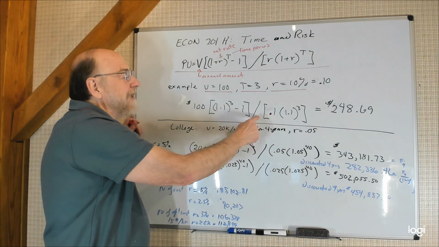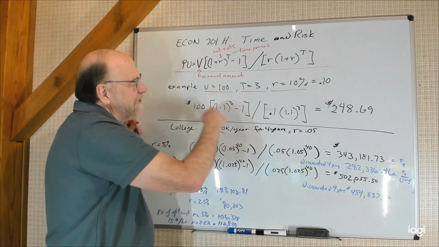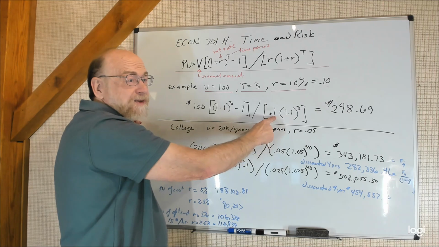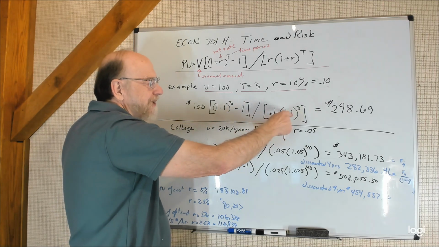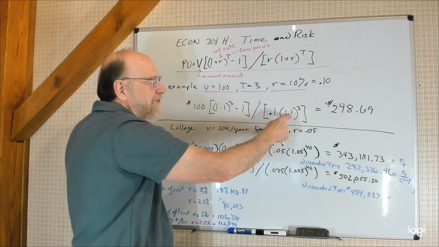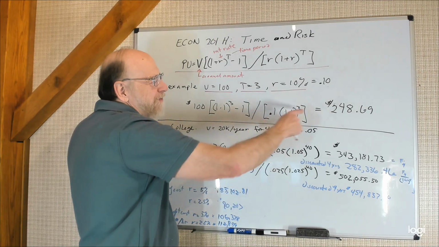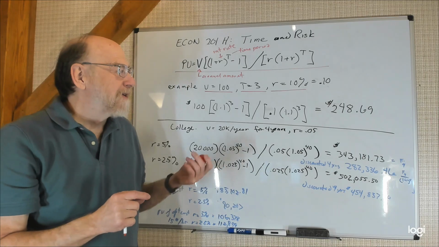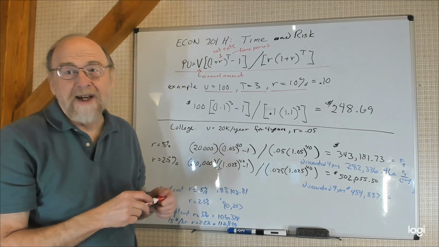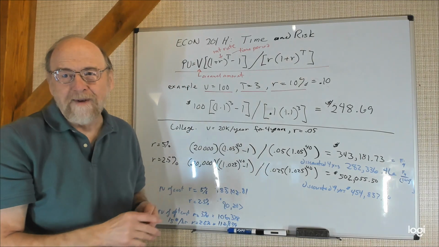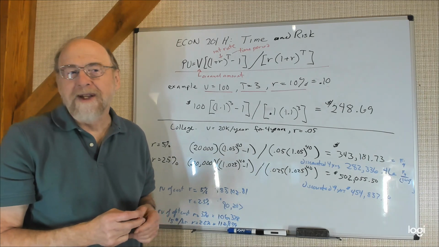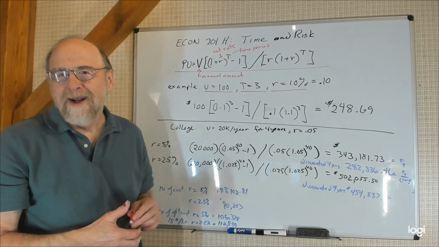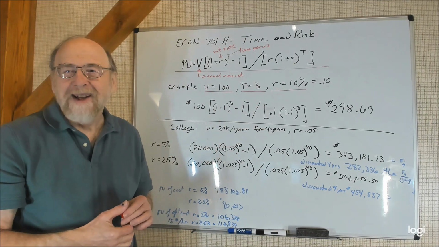And then that term is divided by 0.1, the interest rate, times 1 plus the interest rate raised to the t power, which is 1.1 to the third. And when you punch those numbers into a calculator or run them on a spreadsheet, you'll get back $248.69 and some other numbers if you carry it forward to more digits. But since our currency only goes to 2 digits, that's plenty for characterizing the result.